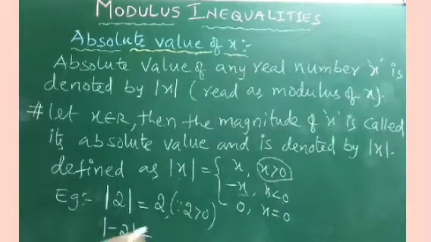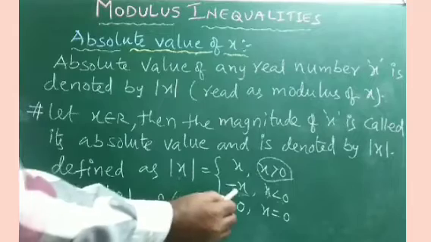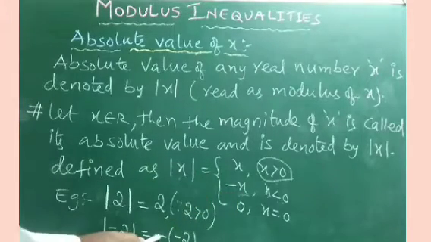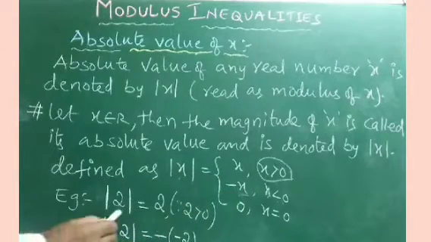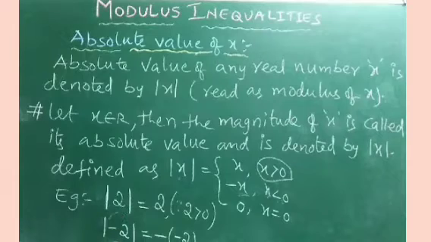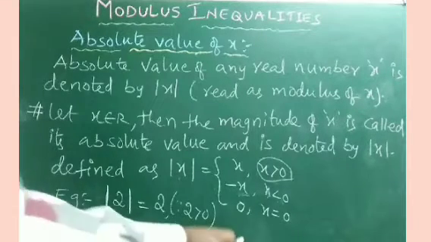Minus x. Here x is minus 2. So since x is negative, less than 0, modulus of x is denoted as minus x. Minus of minus 2 is equal to 2.